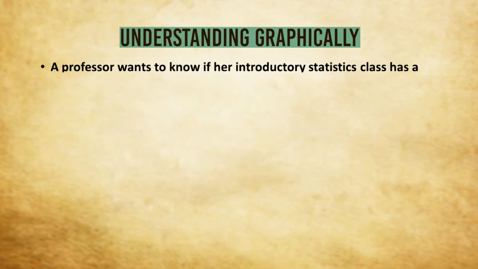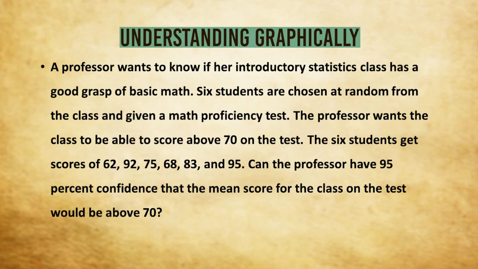We take an example. Suppose a professor wants to know if her introductory statistics class has a good grasp of basic maths. 6 students are chosen at random from the class and given a maths proficiency test. The professor wants the class to be able to score above 70. The 6 students scored 62, 92, 75, 68, 83 and 95.